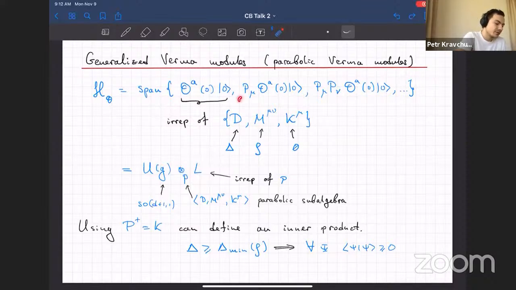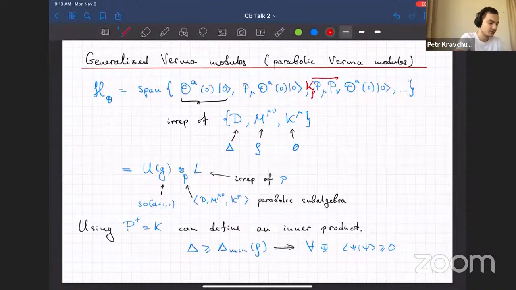Then all the other states are just P acting on the states in this highest weight. The way we would compute, say, the action of K on a state: we would write K on the left, and commute it to the right using the commutation relations until it hits O, in which case it gives 0.